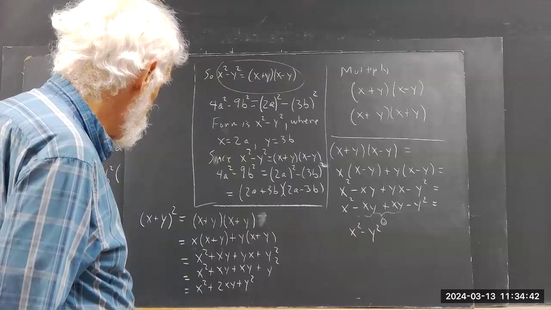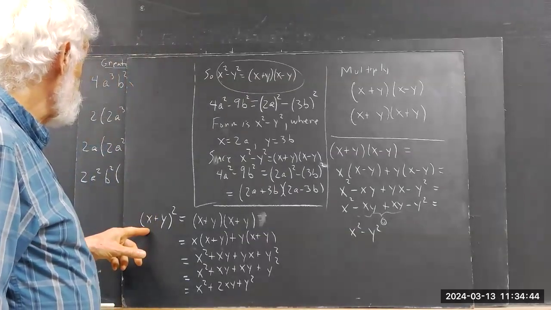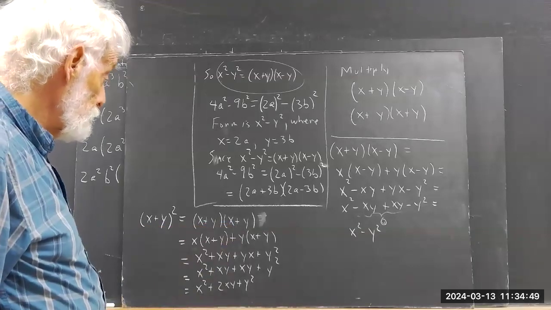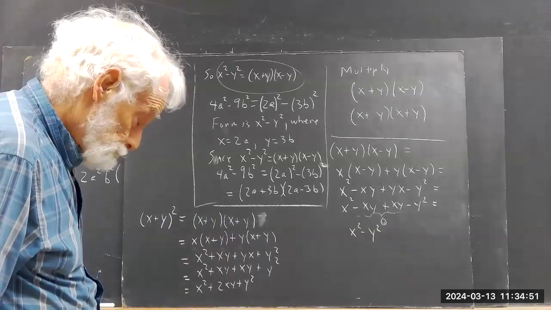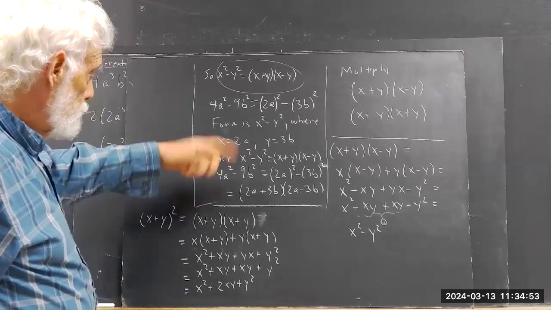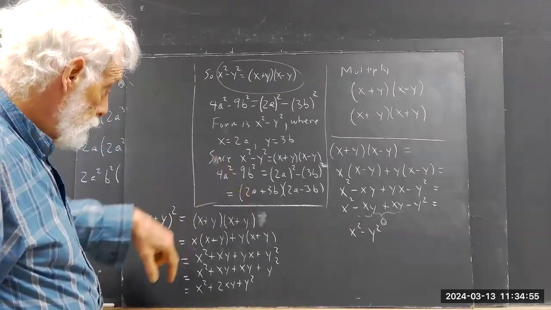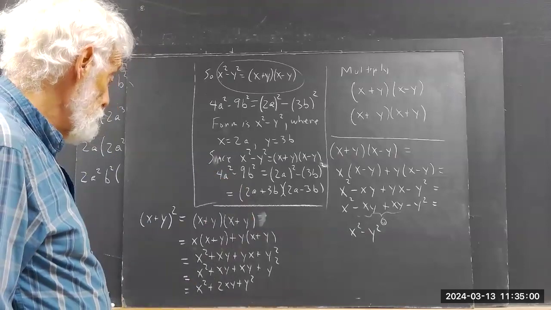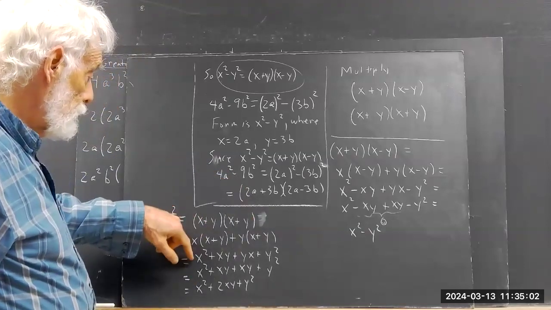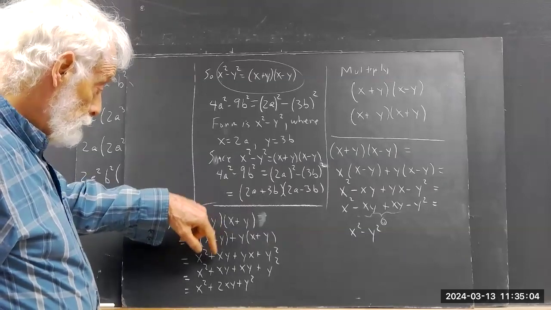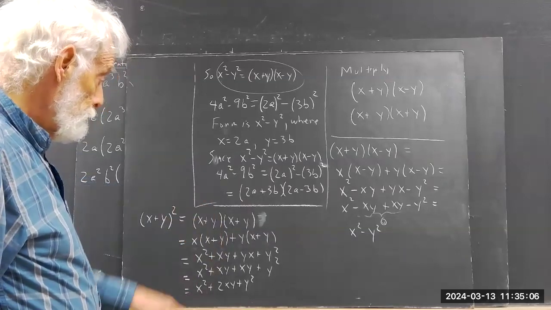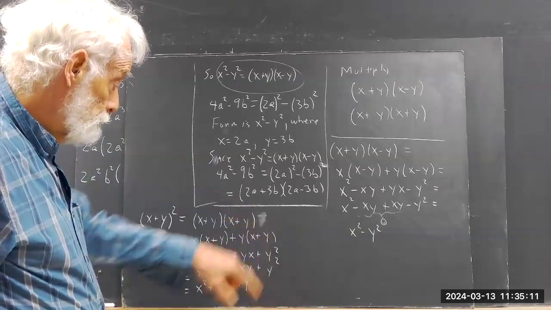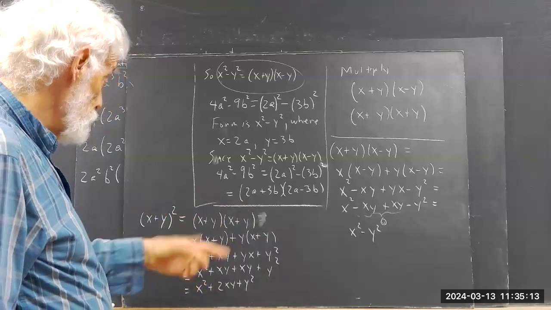Okay. Then to square x plus y, we multiply x plus y times x plus y. So we get x times the quantity x plus y, plus y times the quantity x plus y, which equals x times x, or x squared, and x times y, which is xy, plus y times x and y times y, which gives a y squared.